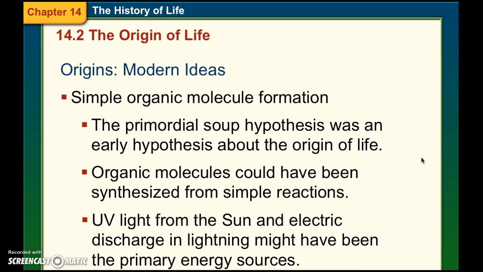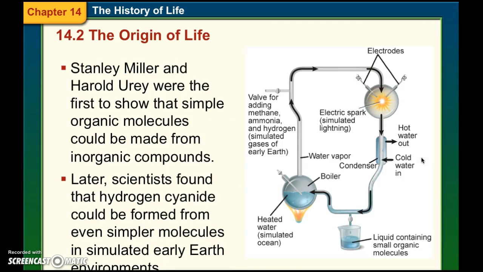All right, so there are a few modern ideas of where life started. Primordial soup was the early hypothesis about the origin of life. Organic molecules could have been synthesized from simple reactions. UV light from the sun and electric discharge from lightning might have been the energy sources. Stanley Miller and Harold Urey were the first to show that that actually could happen.